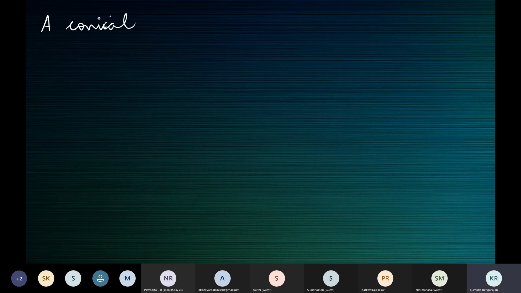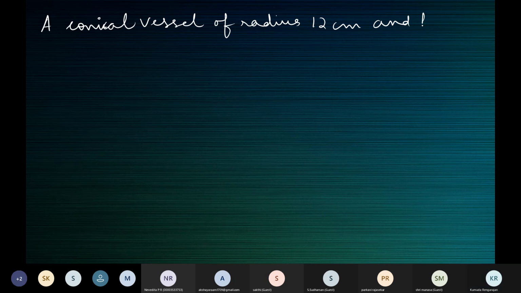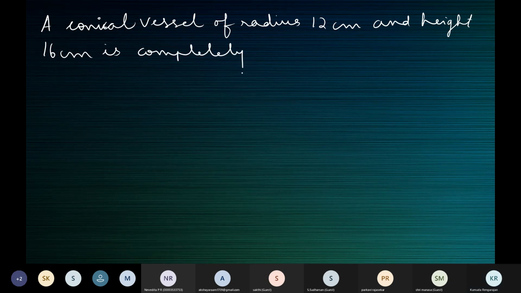A conical vessel of radius 12 centimeters and height 16 centimeters is completely filled with water.